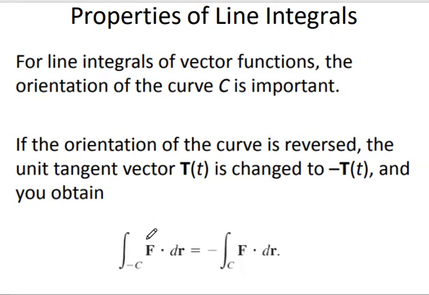Here, the line integral of a vector field, right? This is a vector now, so orientation is very important. But for the previous one, the line integral of a scalar field, orientation doesn't matter.